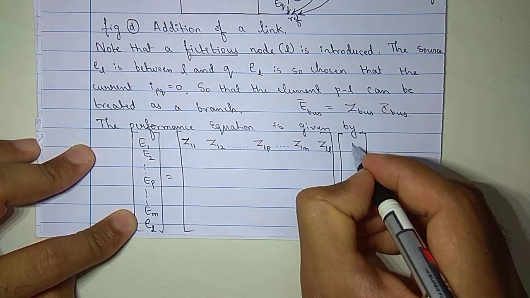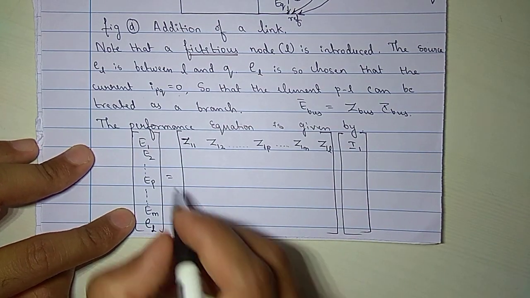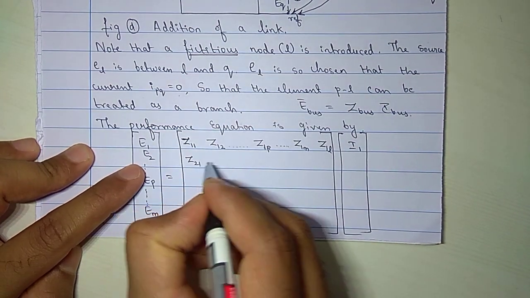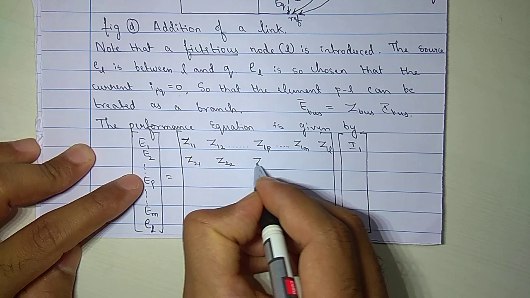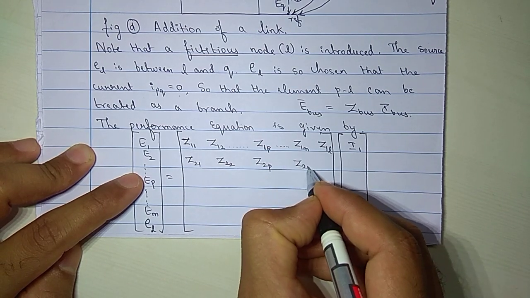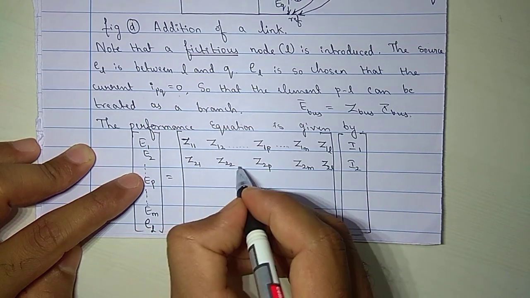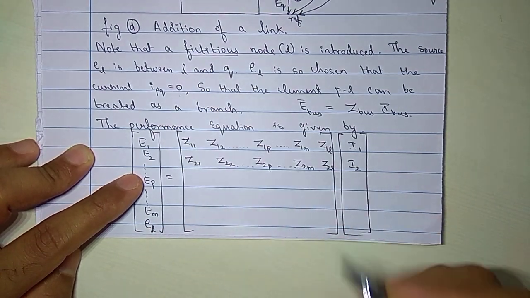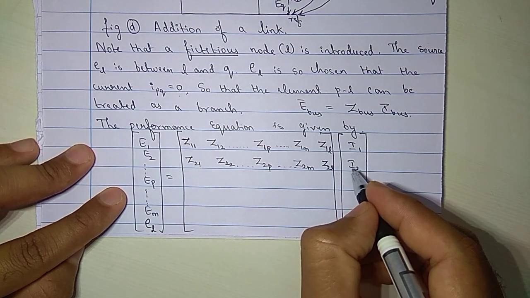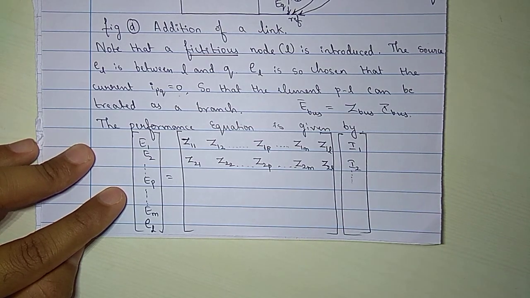The current which is flowing here is I1. The same way here Z21, Z22, Z2P, Z2M, Z2L and current I2. Here also it is so on. Now the same way I2 varies from I2 to IP.